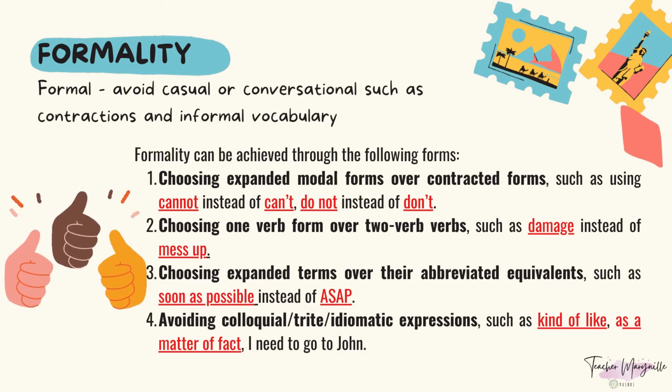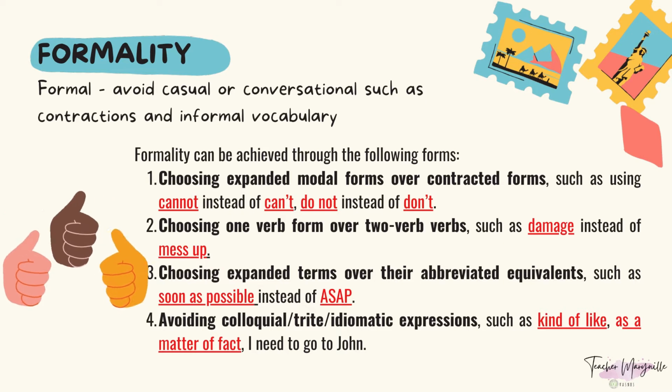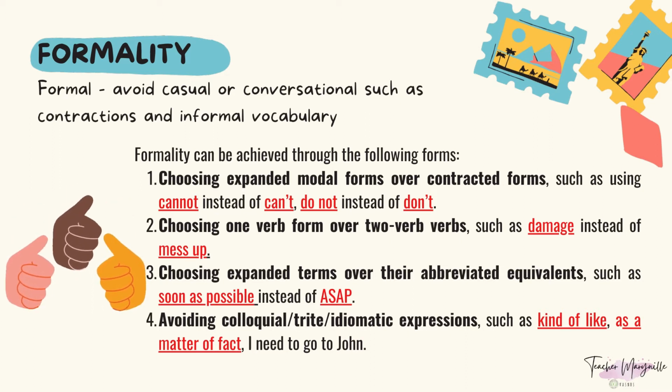Here are some of the examples to achieve formality. Number 1, choosing expanded modal forms over contractive forms, such as using cannot instead of can't, do not instead of don't. Number 2, choosing one verb form over two verbs, such as damage instead of mess up.